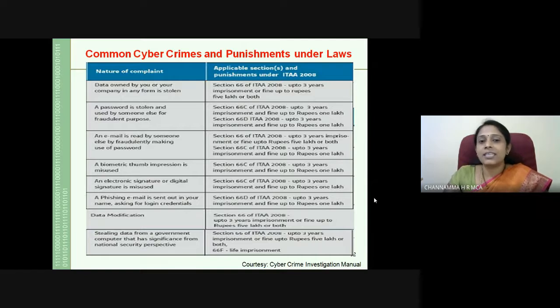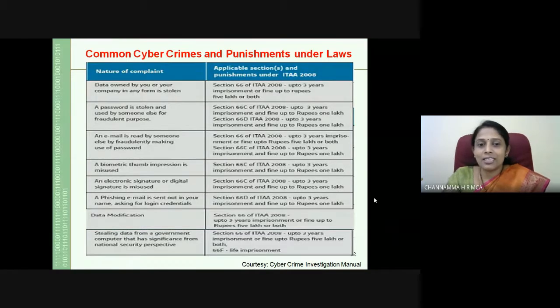And a biometric thumb impression is misused. So how can it be misused? Maybe they use an artificial identity, or any other way. If they misuse it, even through software, if they change the template or by hacking, if they misuse any biometric trait, then that is also a fine up to 1 lakh and 3 years of imprisonment.